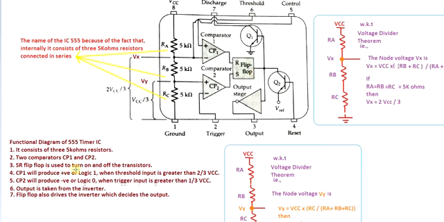Why is the SR flip-flop used here? It is mainly used to turn on and turn off the transistor connected here, and it also helps to drive the inverter connected to the output pin. So the SR flip-flop plays a very important role in deciding whether the output should be 1 or 0. And preceding this, the comparator will decide to reset or set the flip-flop.